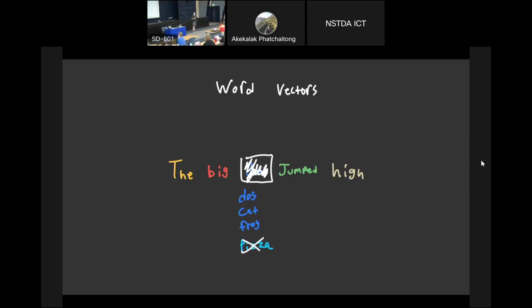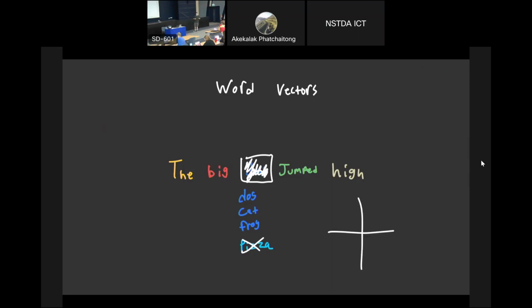If instead of the big blank jumped high, it was the furry blank jumped high, then suddenly, cat and dog still work, but frog would not make any sense. And so there's this really interesting relationship to how words work in their context. And the whole point of word vectors is to actually encode that relationship.